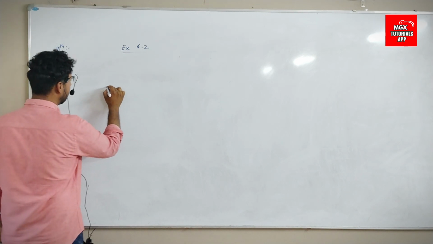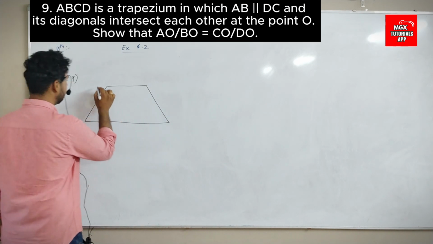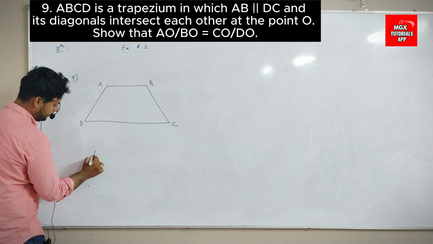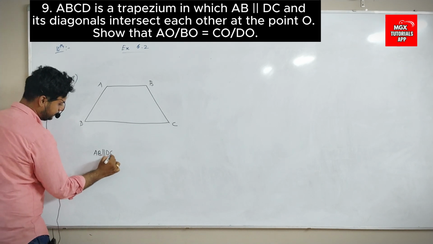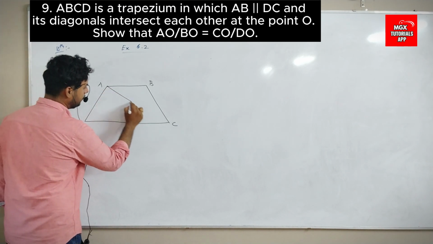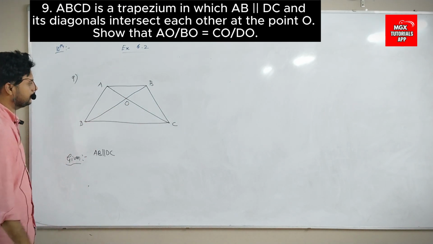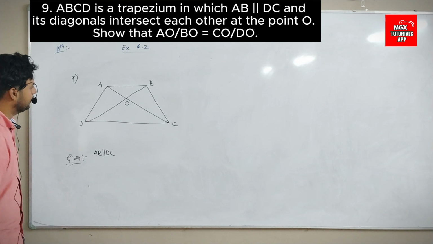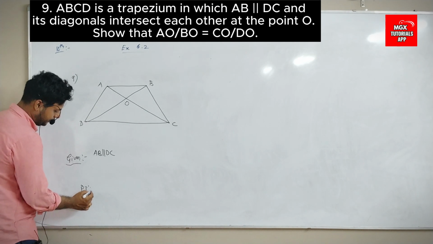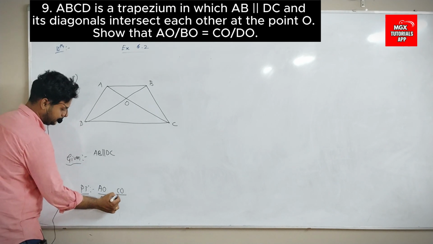Question number 9. ABCD is a trapezium in which AB is parallel to DC, and its diagonals intersect each other at point O. Show that AO by BO is equal to CO by DO.